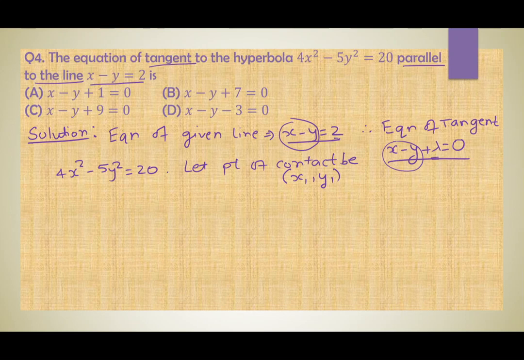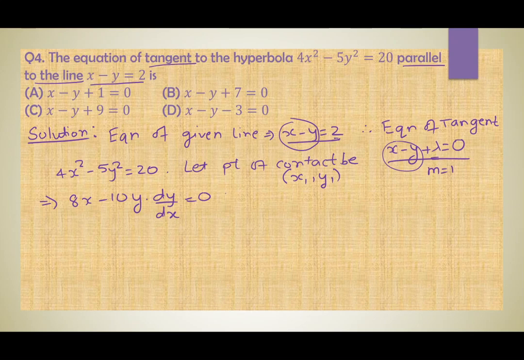Now differentiate this curve. You will get 8x minus 10y dy by dx equal to 0. Now, if you look at the equation of the tangent, the slope of this tangent is 1.